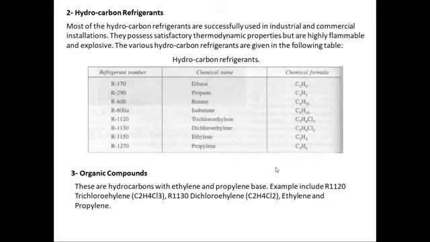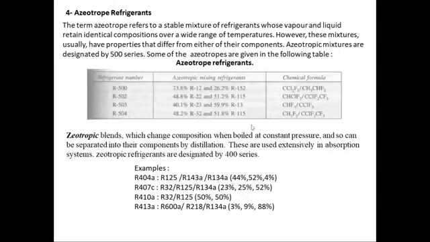Okay. So the fourth group is the azeotropic refrigerants. Azeotropes are basically mixtures of two refrigerants. The term azeotrope refers to a stable mixture. Stable means that if you heat them, if you vaporize them, the composition of the mixture will stay the same. Azeotropes are basically a mixture of two hydrocarbon refrigerants or halocarbon refrigerants.